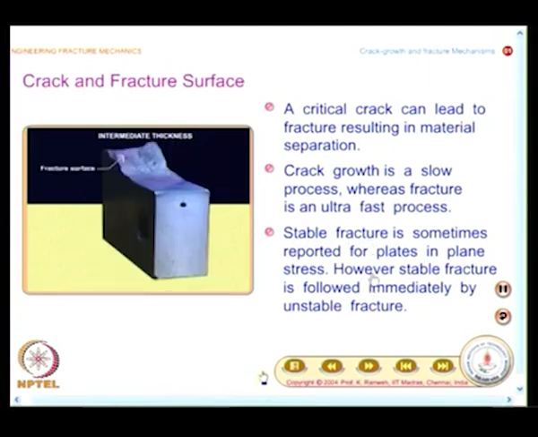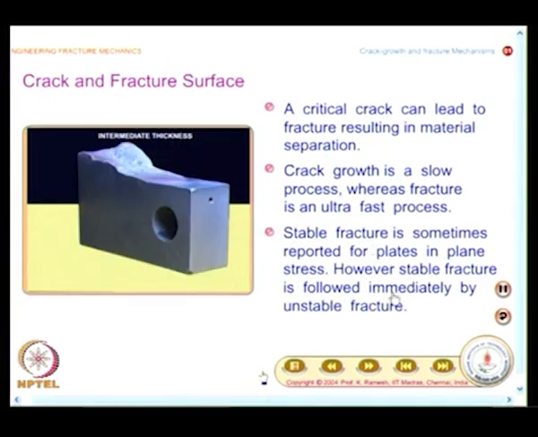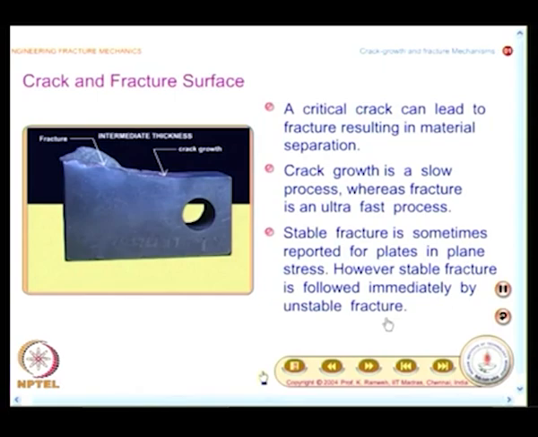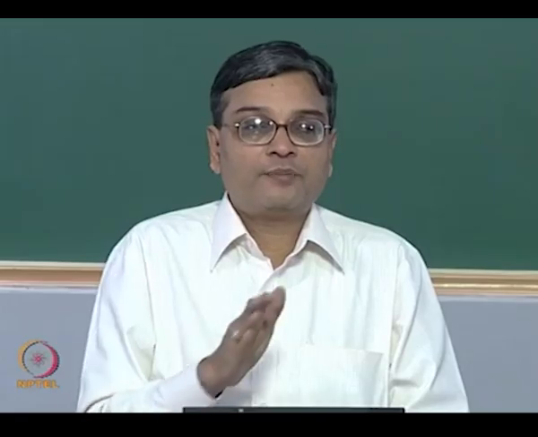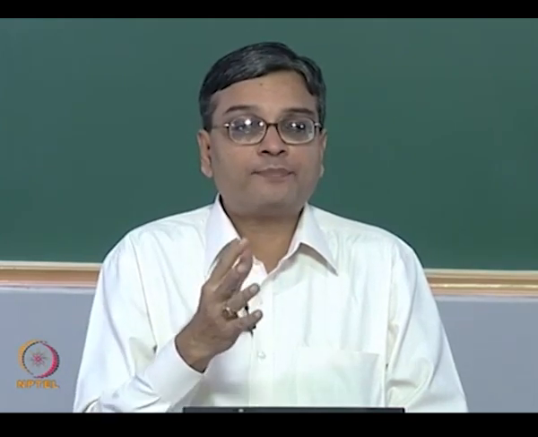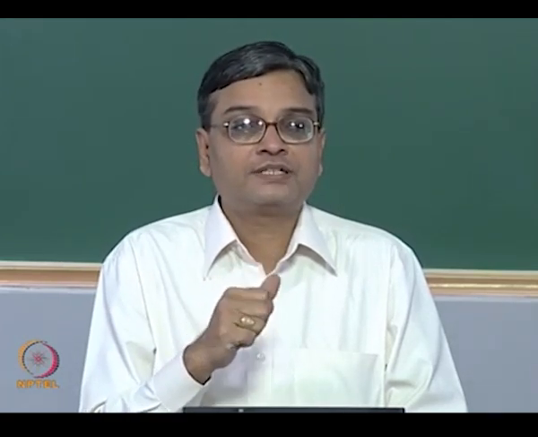However, stable fracture is followed immediately by unstable fracture. I am trying to develop a good conceptual foundation for you to appreciate the mathematical development, because you need to know there is crack growth and fracture, and also people have observed stable fracture.